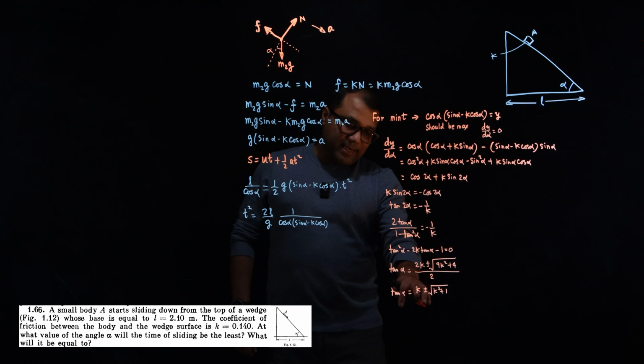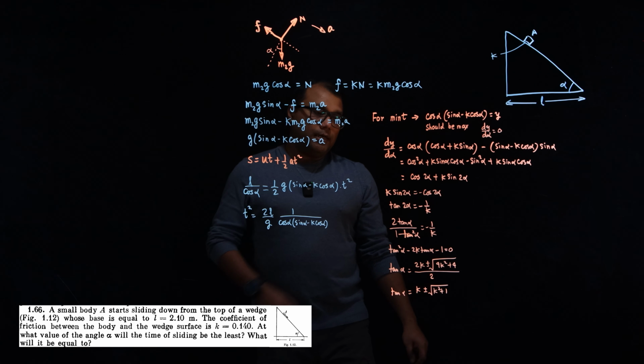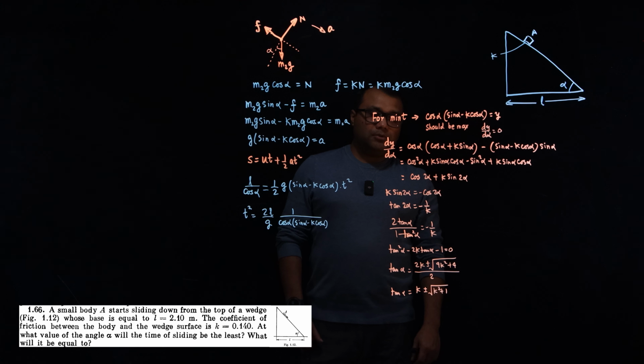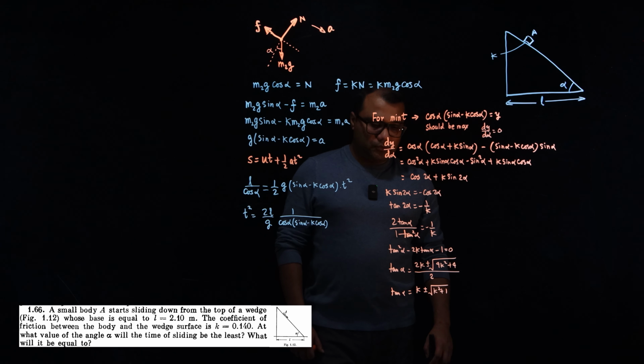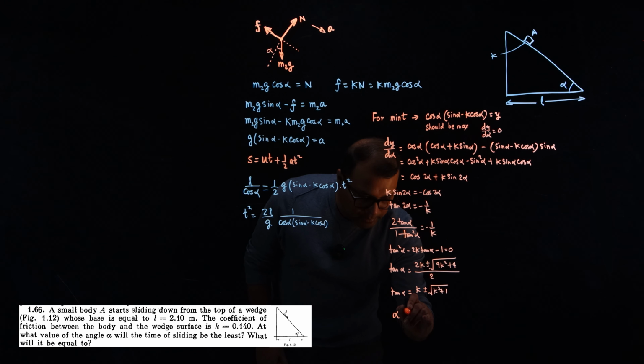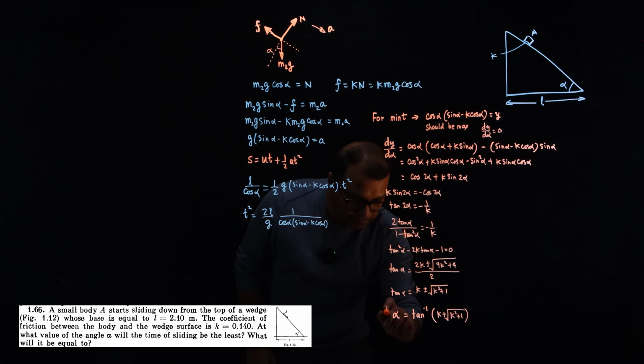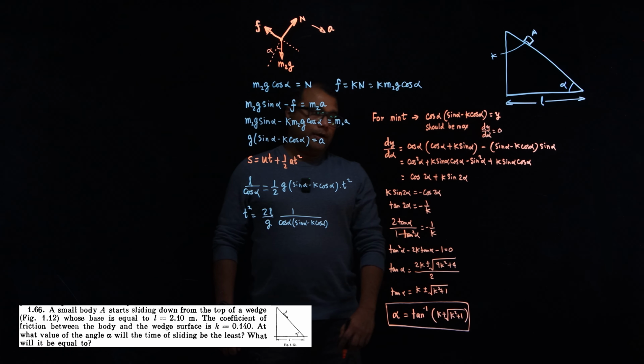When tan alpha is k plus root over k square plus 1, then y is maximum, so that gives me minimum t. So alpha for minimum time is tan inverse of k plus root over k square plus 1. So this is our answer for alpha.